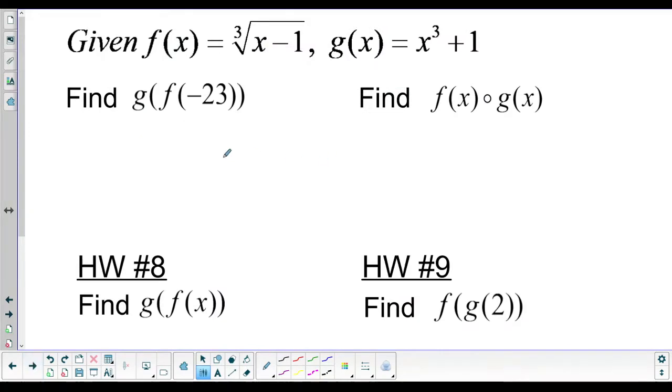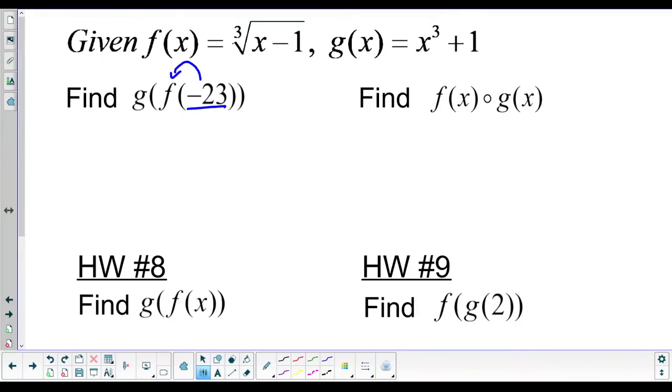All right. So we want to do g of f of negative 23. So what we're going to do is we're going to plug negative 23 into the f function. Then we're going to plug that number into the g function.